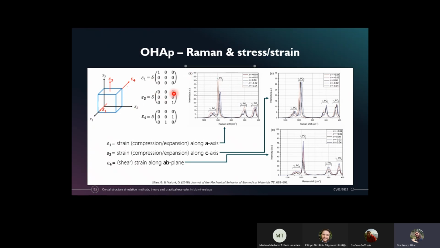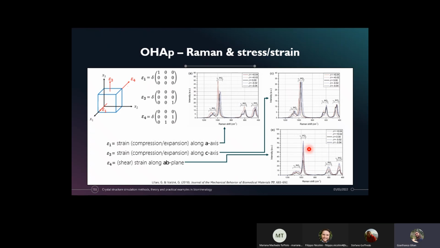These are the different strains applied to the material along the A axis or along the C axis, and we can see that the most intense mode here is the symmetric phosphate band, and it deeply changes according to the applied stress. Whereas if we consider this kind of shear stress, we do not see a variation in the position of the peaks, but just a variation of intensity of the signal.